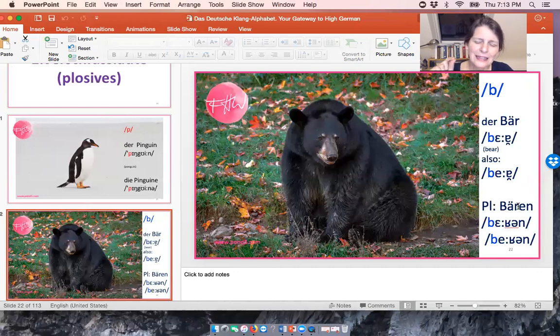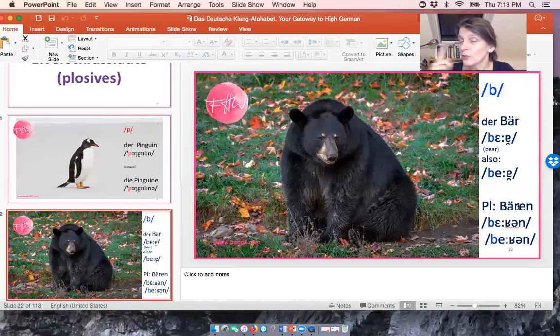What I meant is that in English sometimes you have a linking R. So when a word ends with an R and the next word begins with a vowel, the R is pulled over into the next word and then pronounced. Like when you say, for instance, car and ride, you can say car-r-and ride.